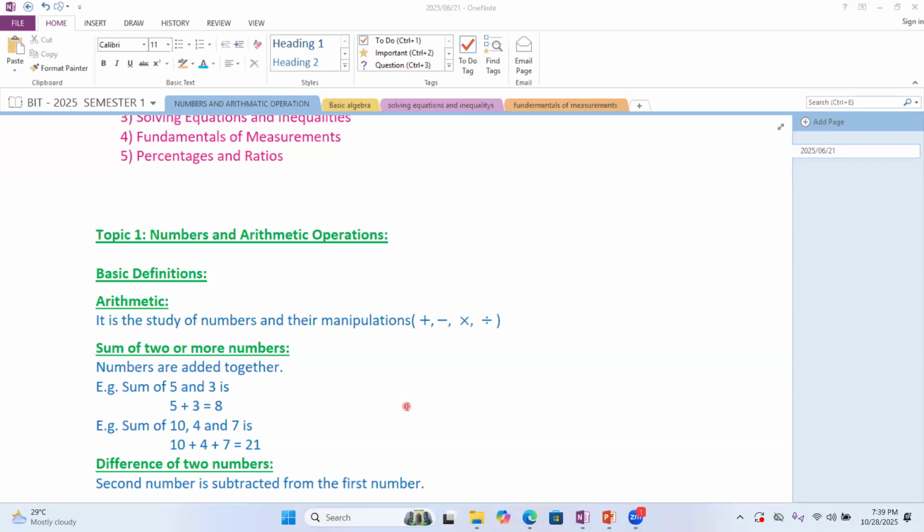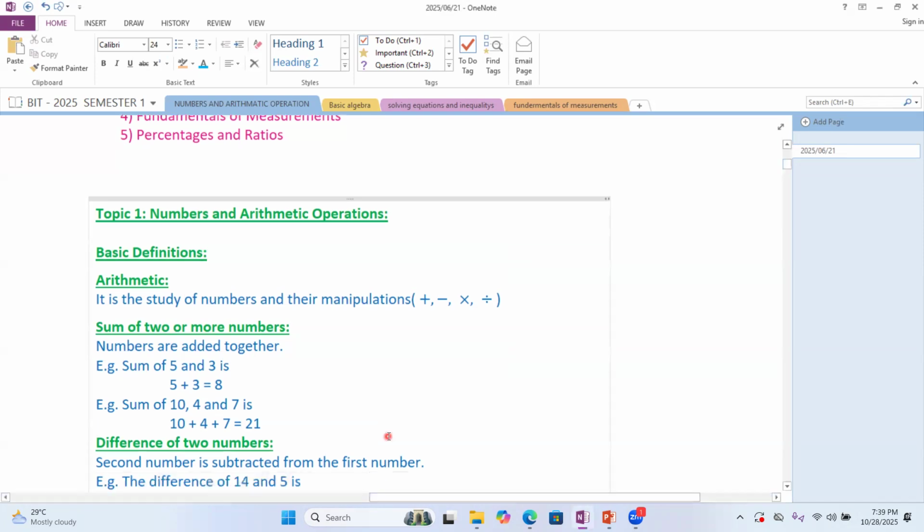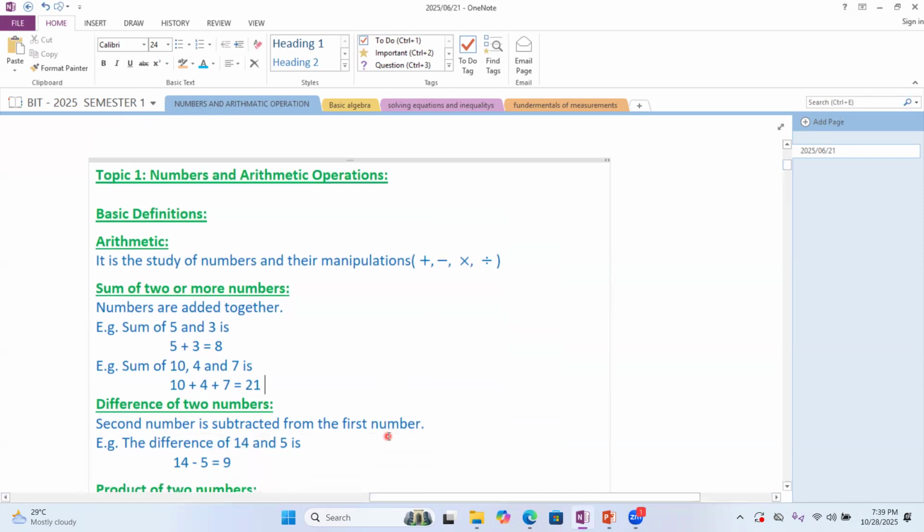The difference of two numbers means the second number is subtracted from the first number. For example, the difference of 14 and 5. The second number, 5, is subtracted from the first number.